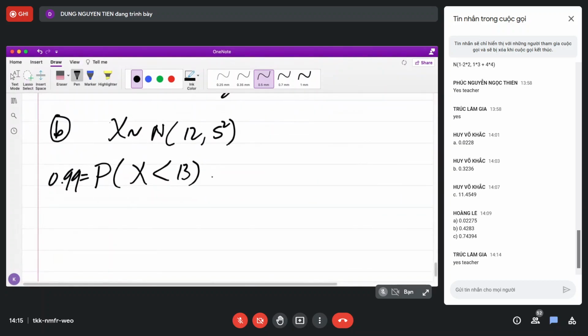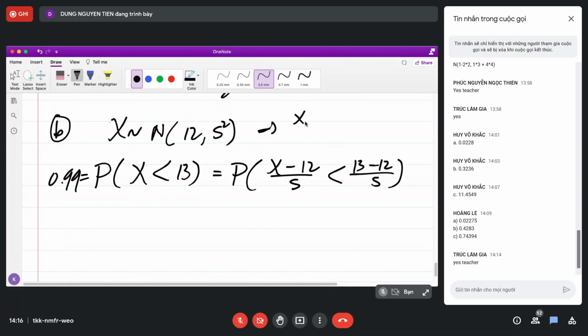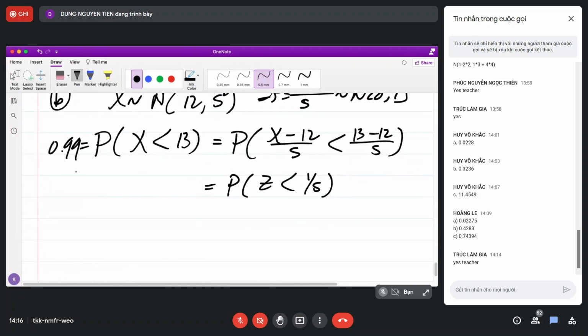And then you come up with the probability that X minus 12 over S is less than 13 minus 12 over S. X minus 12 over S is Z, which follows the standard normal distribution. Then you get the probability that Z is less than 1 over S. On the other hand, you can use the table to see that this is Z less than 2.33.